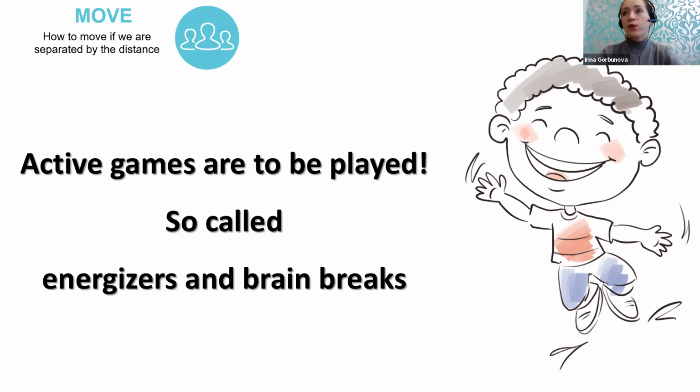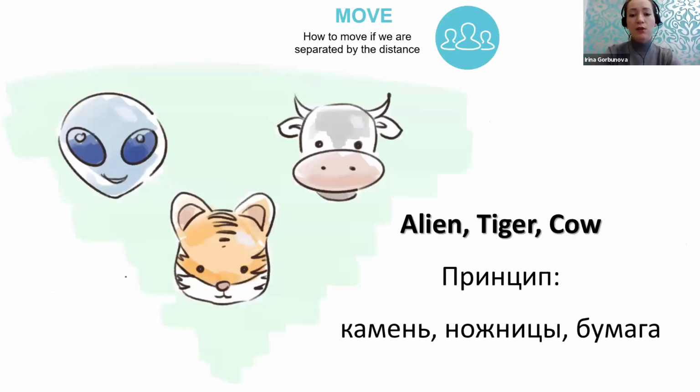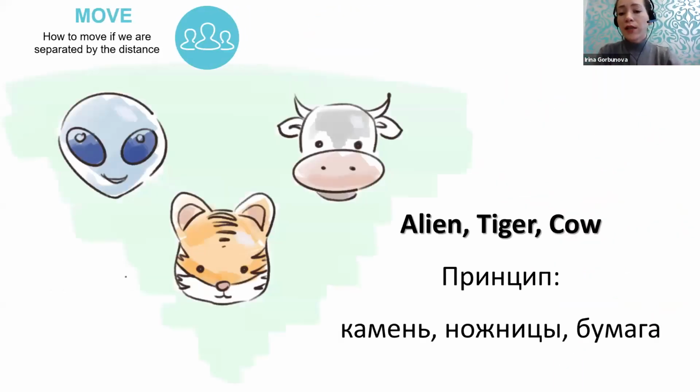Actually, there are plenty of them and a lot of ideas can be found. But these are the main ones which we have actually played and checked, and I know how to do it with the children. Let's look at the first one. It's alien, tiger, and cow. It's played like rock, scissors, paper. Almost the same.